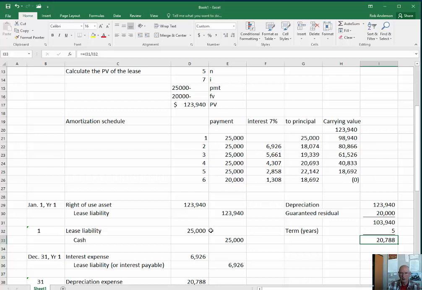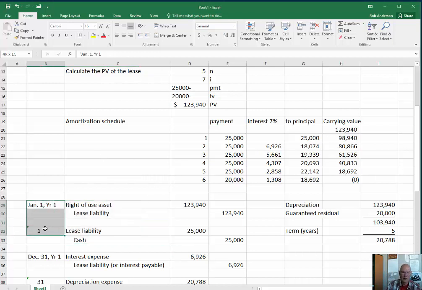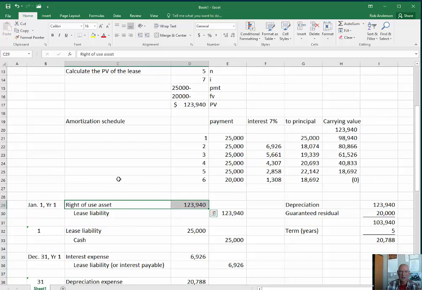So let's look at the journal entries now. And to set up the lease, in theory, you certainly could do a combined journal entry. This is maybe a little clearer because it starts the liability at our beginning amount. So I've done this with 2 journal entries, both, however, January 1, year 1. So debit your right of use asset.